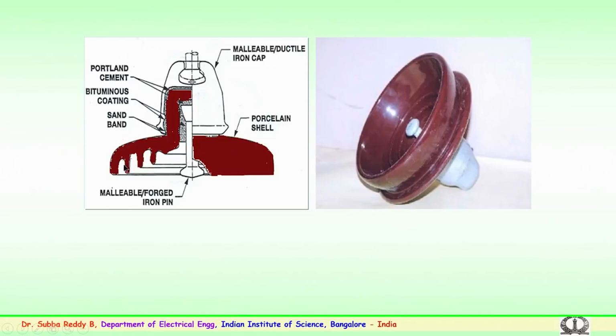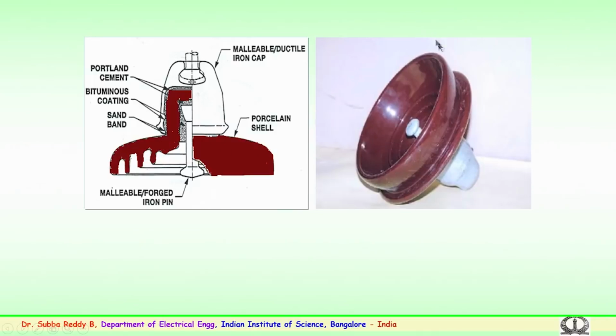As mentioned, these petticoats are used depending upon the conditions. The creepage distance will be from this junction, that is the cement. Then you have a metal pin sandwiched with the ceramic, which is of malleable or forged iron material. So, you have a metal cap and a metal pin, and in between you have a ceramic shell.